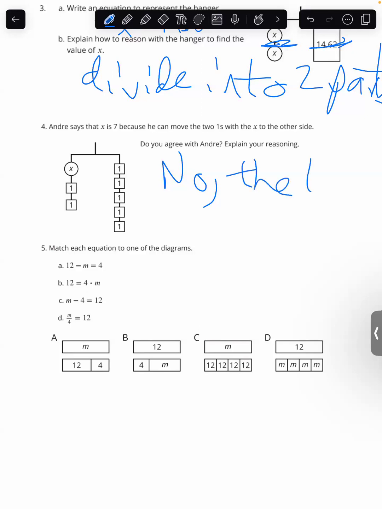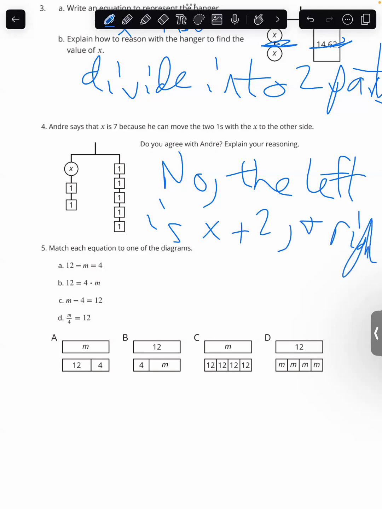You should have your own wording here. The left is x plus 2, and the right is 5. So if you move those 2 over there, that completely changes the equation. It would make the right too heavy.